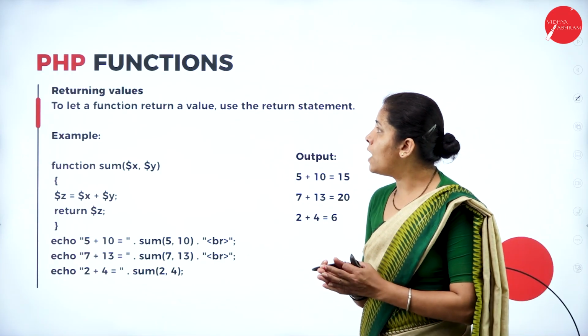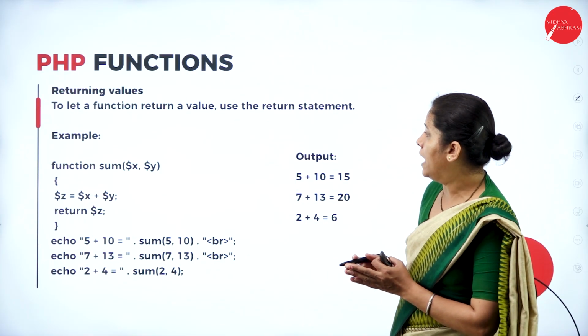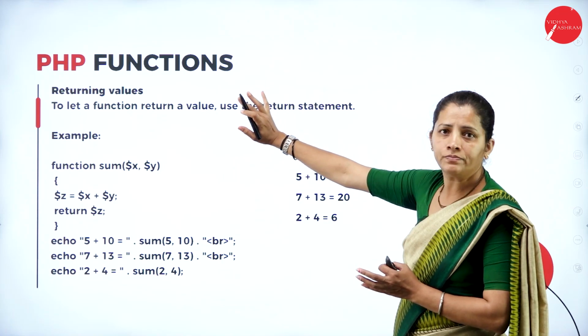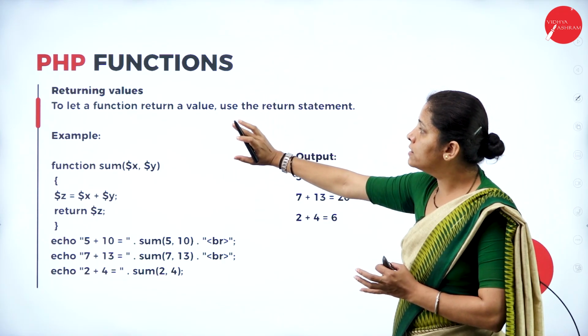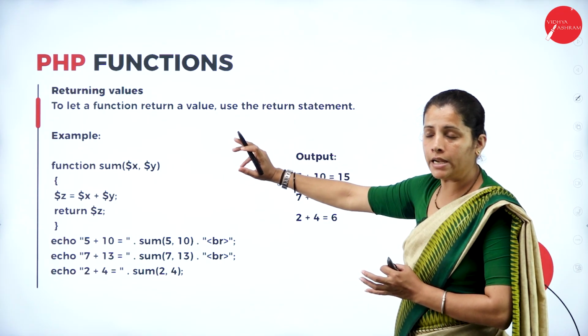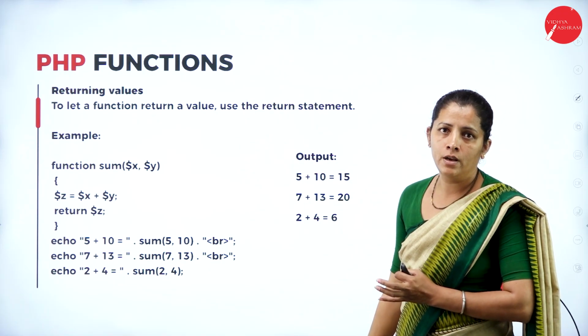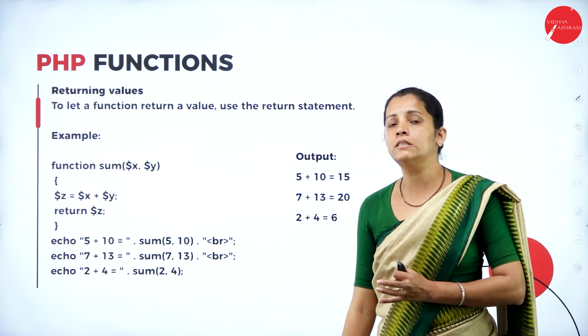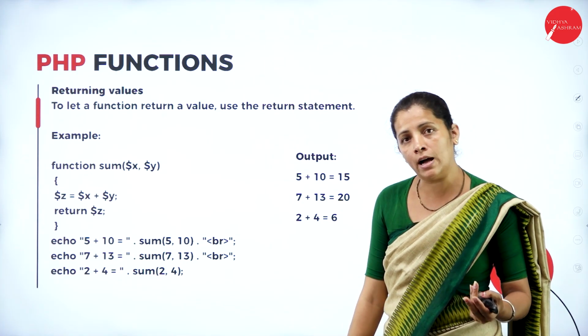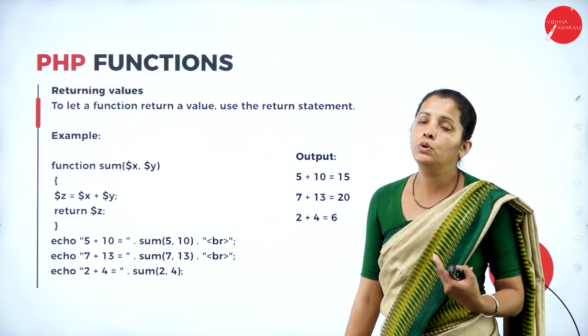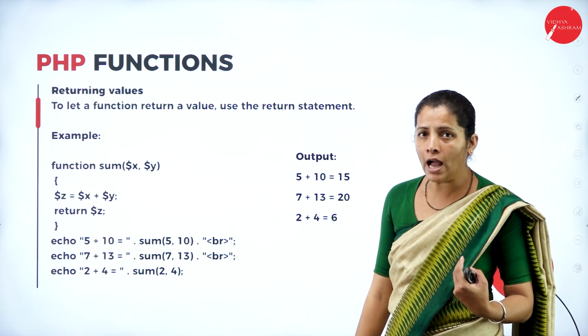Now, I have PHP functions. This topic illustrates how we can return a value. Till now we have discussed how to call a function and how to use arguments in my function.